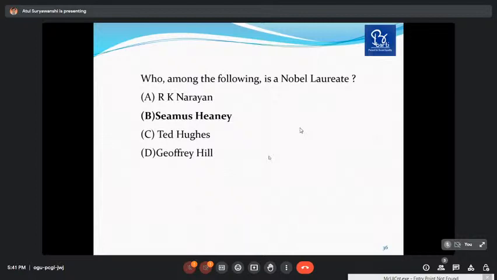Actually, this question is not associated with the novel because Seamus Heaney is a famous poet, and he received the Nobel Prize in 1995 for his bog poems. Seamus Heaney has been asked about many times in the exam. I humbly request you to study this poet in detail.